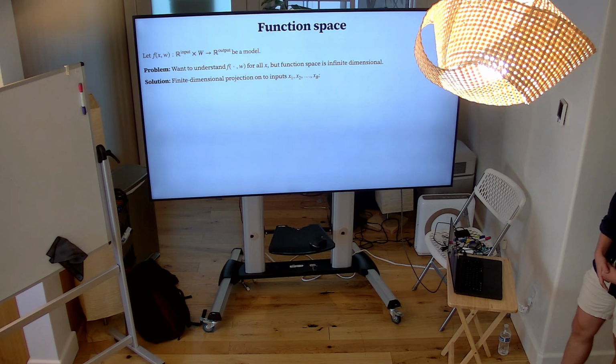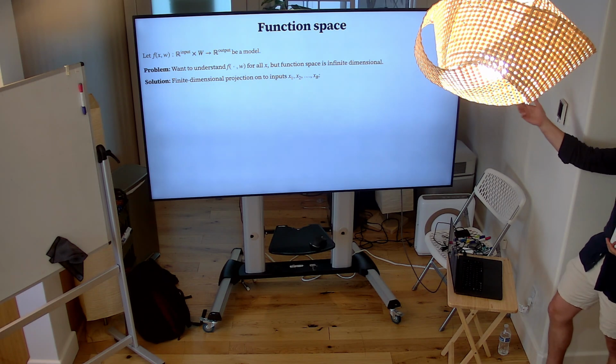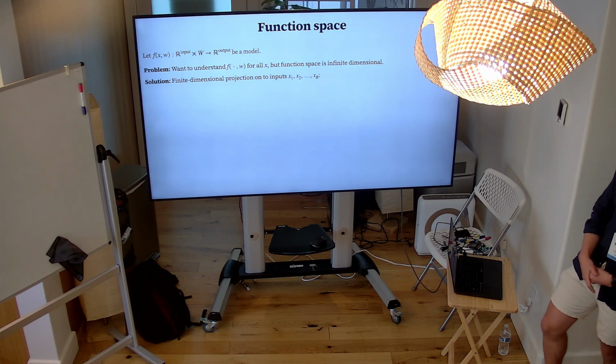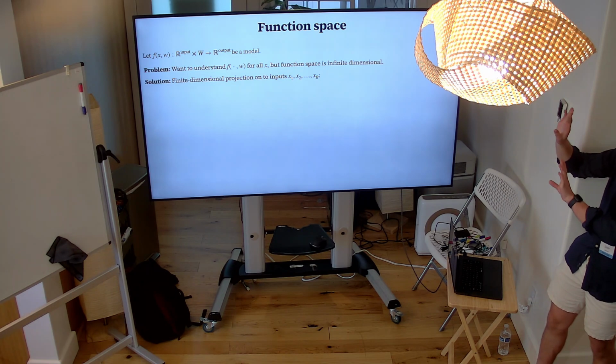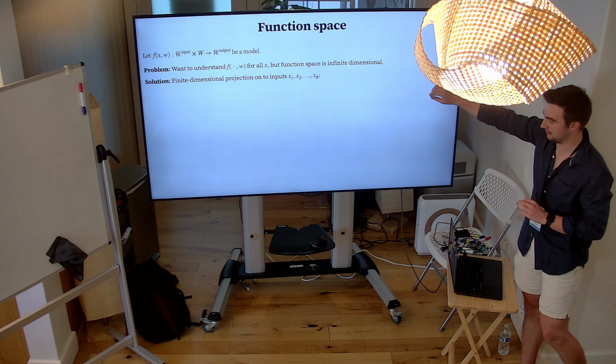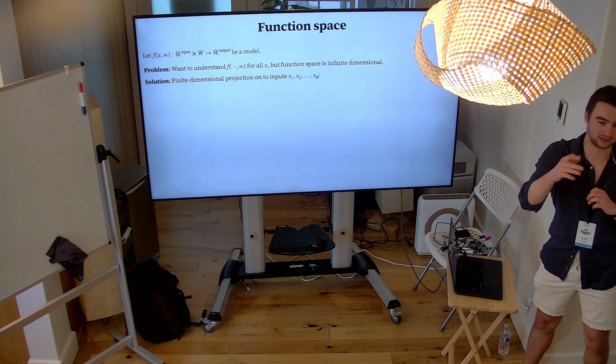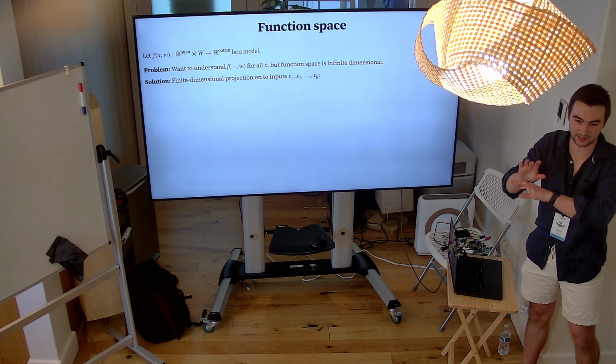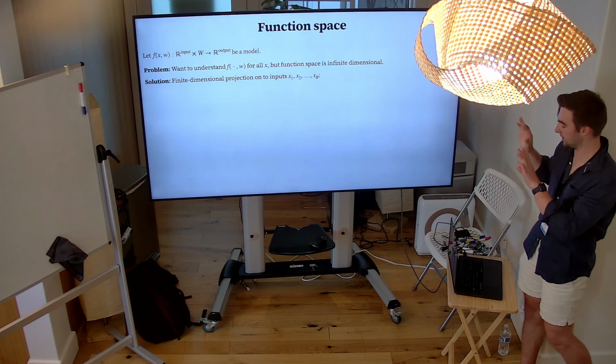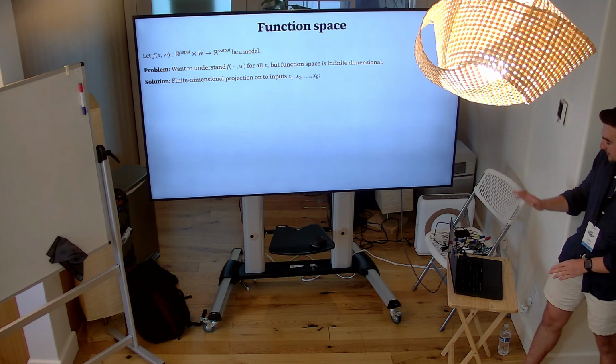So one way of approaching this is just to evaluate it on a bunch of inputs. So take some inputs x1, x2 through to xb, and here these x's are just inputs to the transformer. It's not the same as the x's that were in the regression setup. So just notational conflicting there, but that's alright.